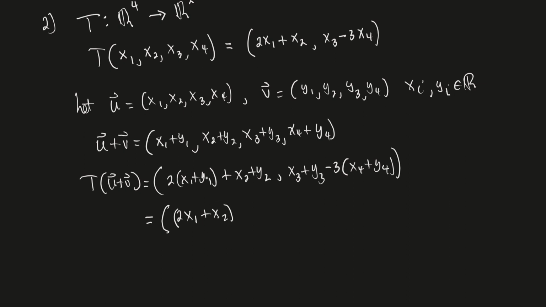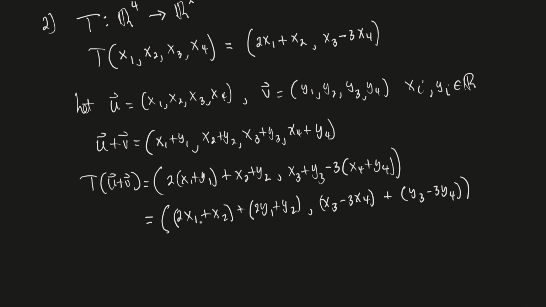And then I'm going to group the y's. So then I'll have plus 2y1 plus y2, right? And I can do that because of the addition, and I can move stuff around. Similarly here, group the x's. So I have x3 minus 3x4, and then plus, and then I have y3 minus 3y4.